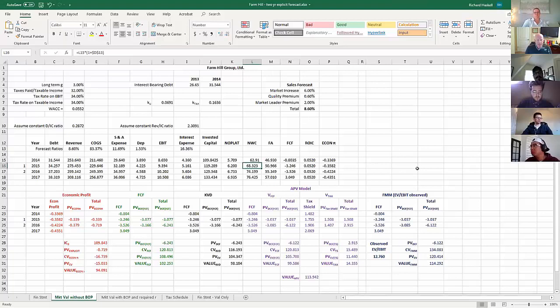So free cash flow is pretty much any cash you can freely use. It's not tied up. Exactly. So what's freely available to us is our operating income, right? Adjusted for tax and giving us back our depreciation, which was a non-cash deduction to EBIT. So that's cash we have available to us.